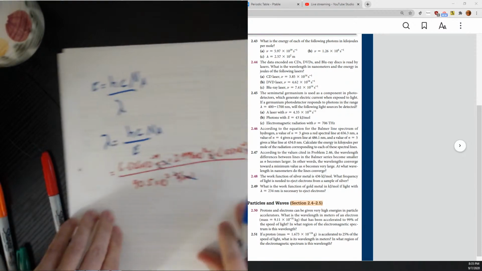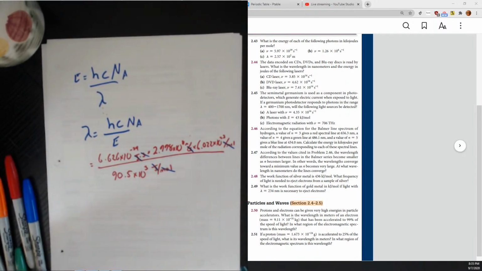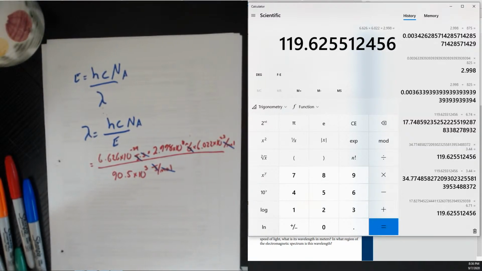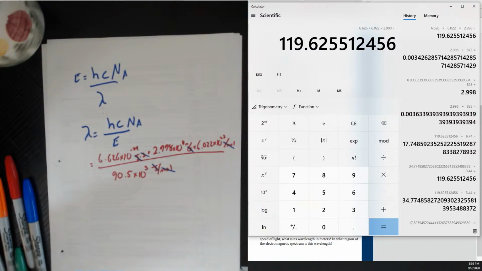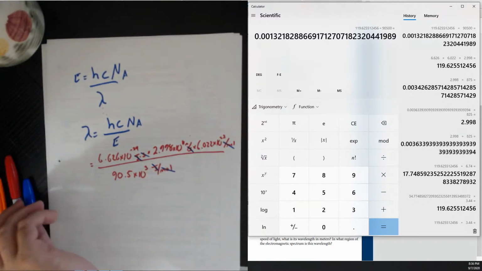Oh, you can't see. All right, now you can see. Okay. So we plug the numbers into the calculator. 6.626 times 6.022 times 2.998. Now we divide by our energy, 90500. Giving us a length.